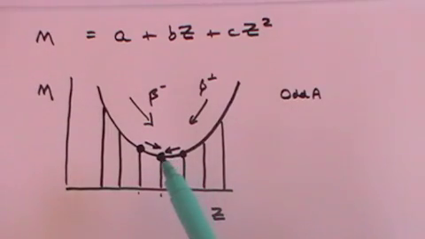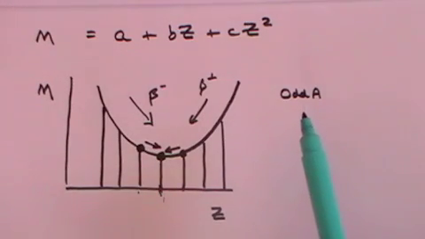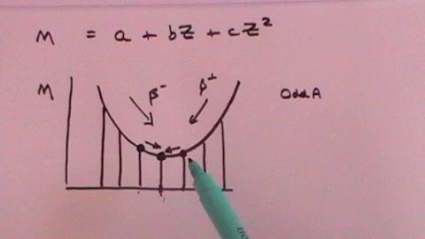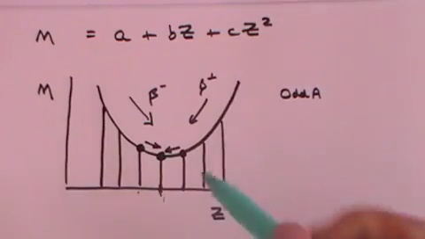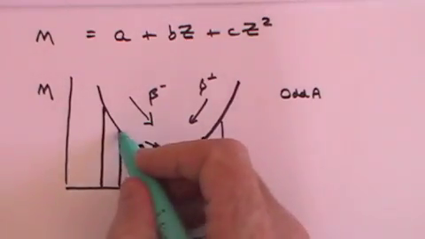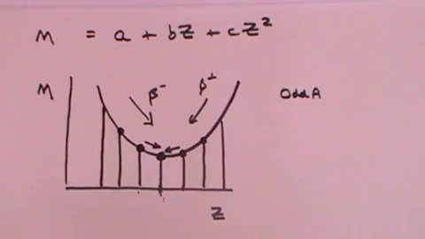And nature insists that she will only be satisfied when she's at the stable level, which is when Z is equal to this value for any given value of A. And that of course means that although you can have any theoretical value for Z, only one of them will be stable. And only one or two on either side will be unstable.